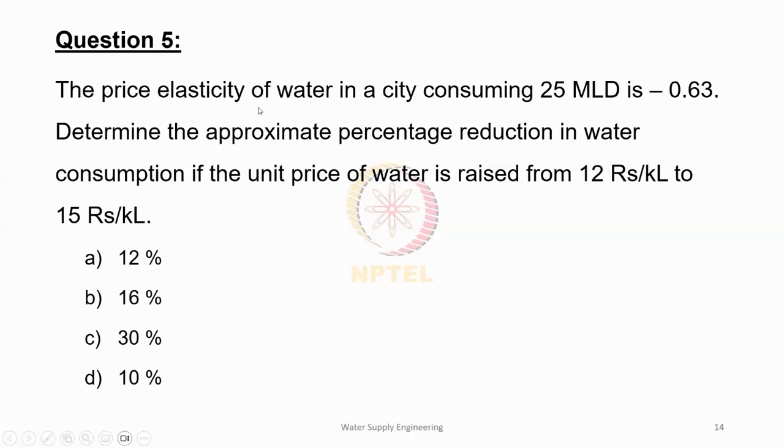So we are given the price elasticity of water, average consumption in the city, and initial and final unit price of water. We are asked to determine the approximate percentage reduction in water consumption. Option A, 12 percentage. Option B, 16 percentage. Option C, 30 percentage. Option D, 10 percentage. So try to solve this.